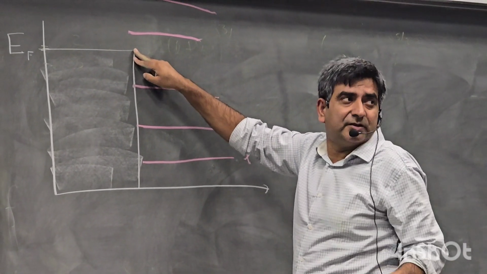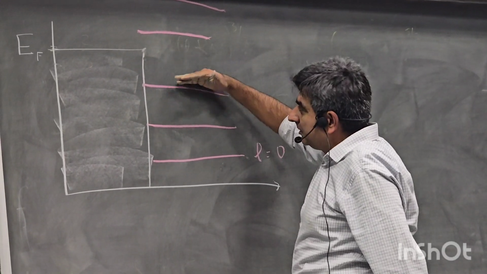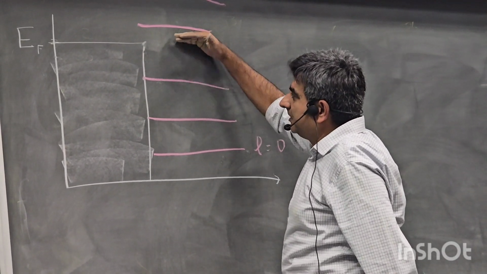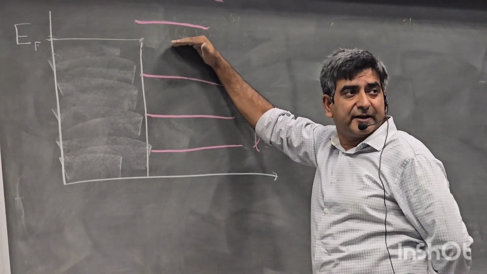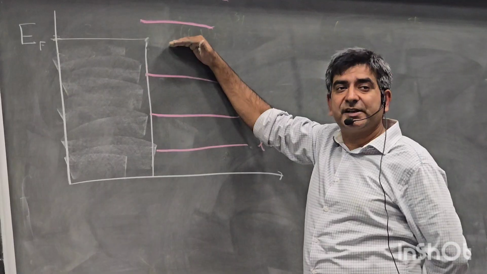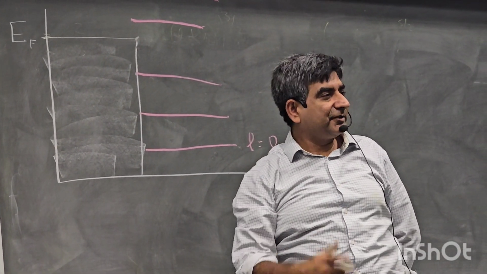So when this crosses this Fermi level, because of the dilation of these Landau levels, the density of states at EF spikes. Right? That's what we see.